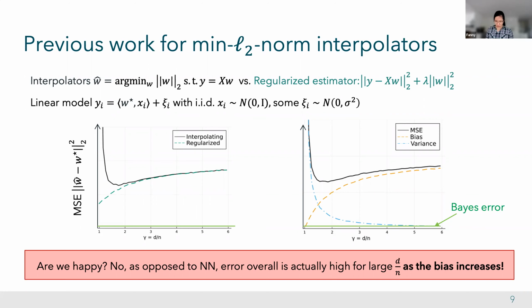And so the bias increases, in our case to something that is unacceptably high. And so we need to dig a bit deeper. We want to understand, in a regime where interpolators can generalize well, whether we can show the same two observations, because neural networks really do well in the large model regime or large width regime.